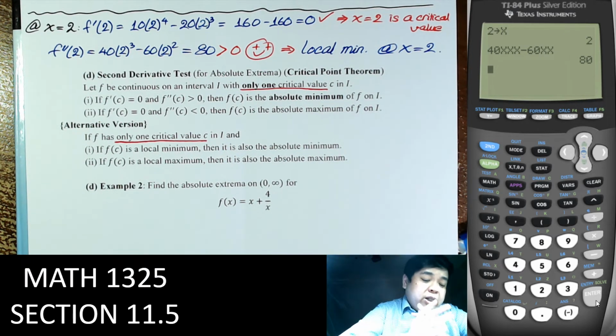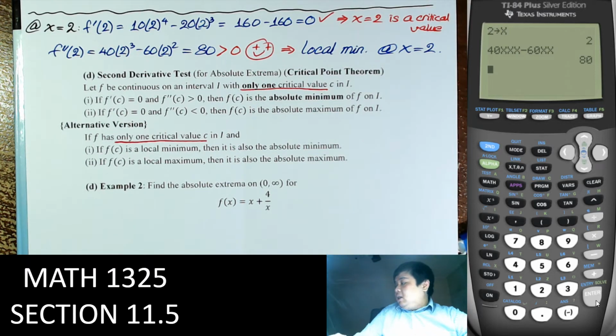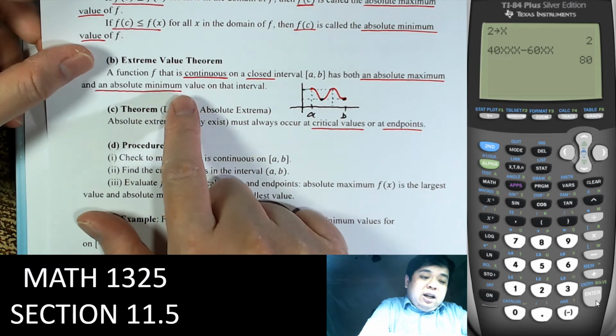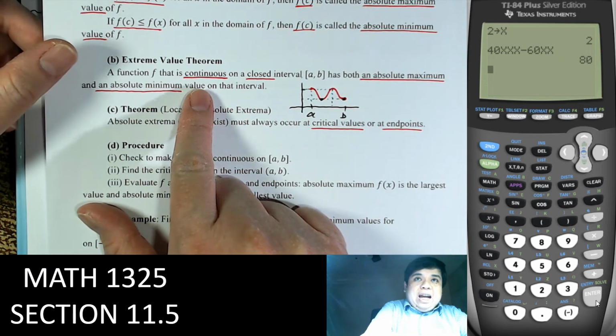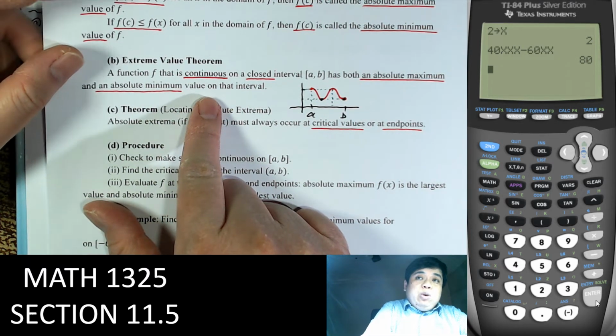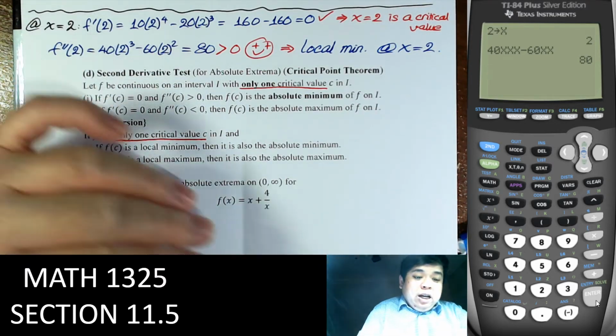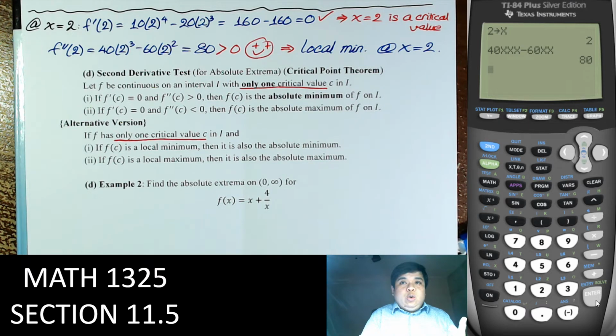Well, the problem is we have the theorem that says if the function is continuous and the interval is closed, then we are guaranteed to have an absolute maximum and an absolute minimum. This interval is not closed, so we may or may not have the maximum, or we may or may not have the minimum, because that theorem does not have all the requirements.